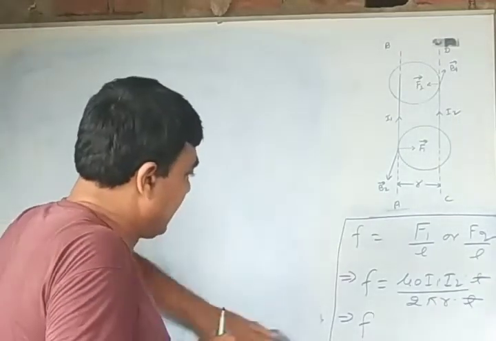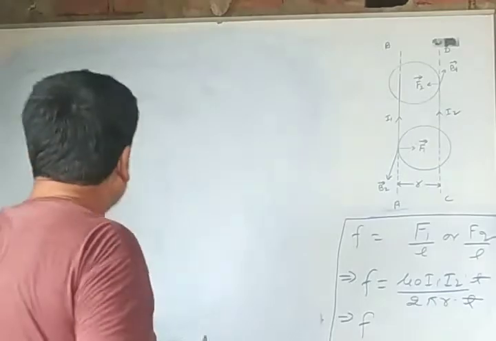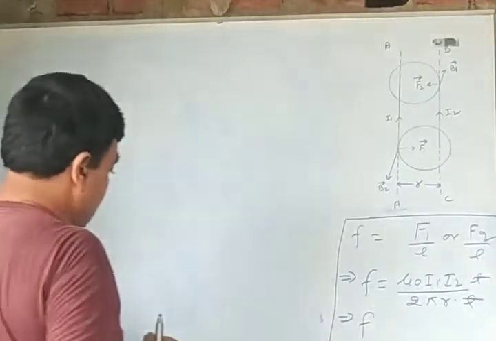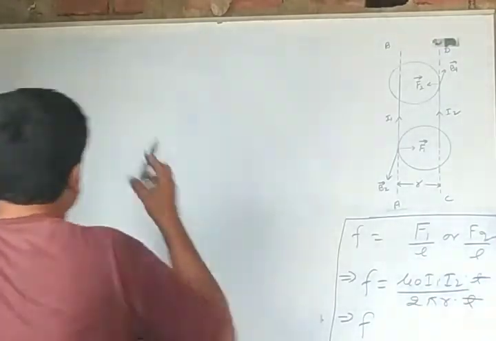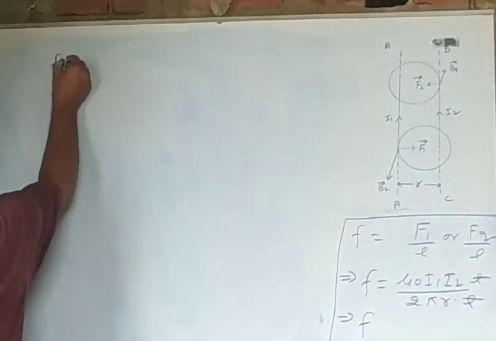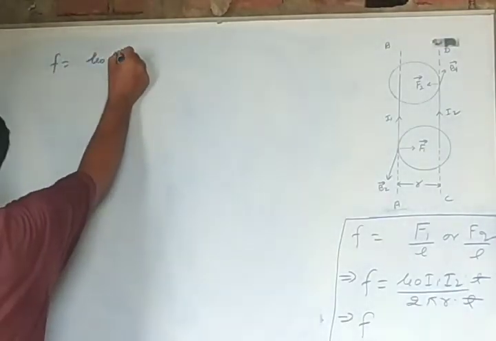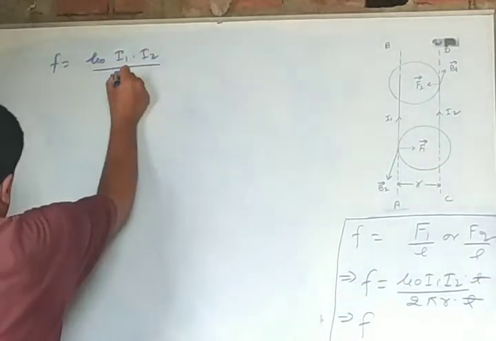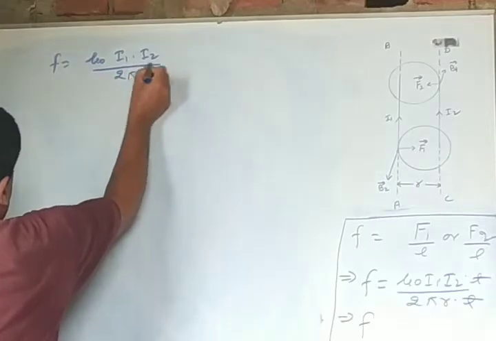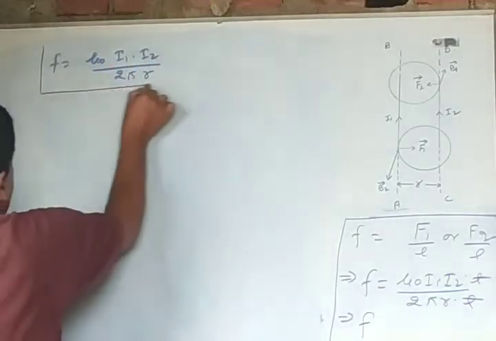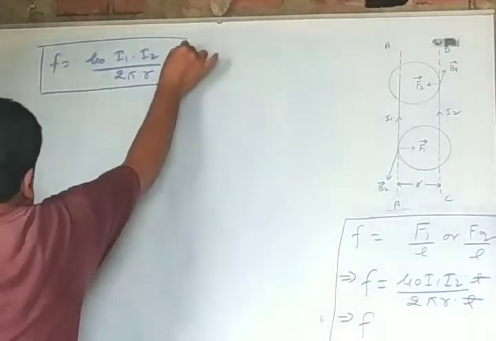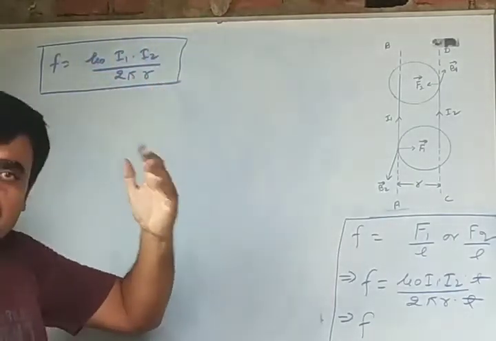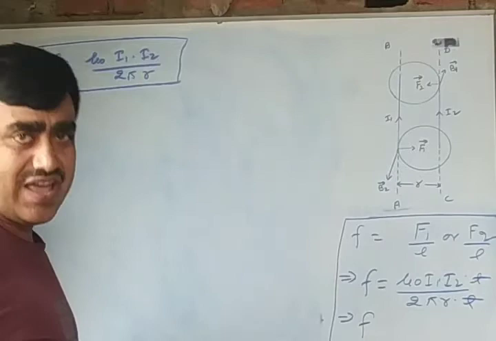F is equal to mu naught I1 I2, a small f is equal to mu naught I1 I2 upon 2 pi R. This is the expression of force acting per unit length of the wire.